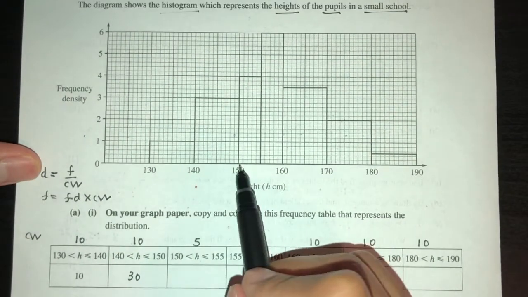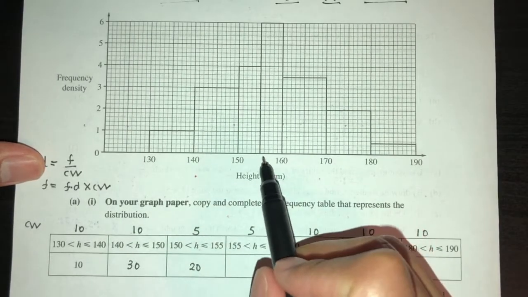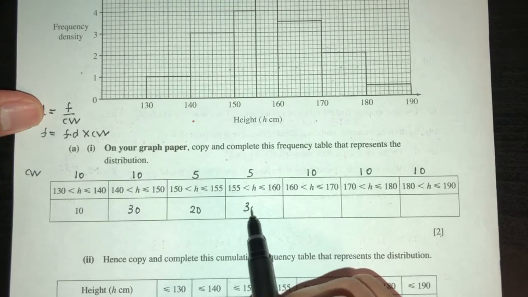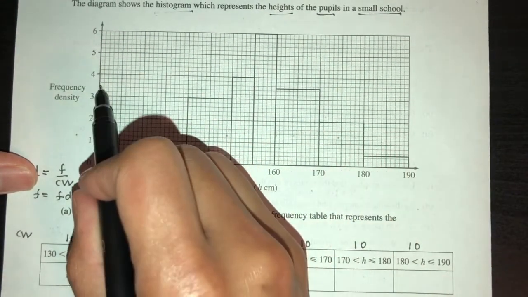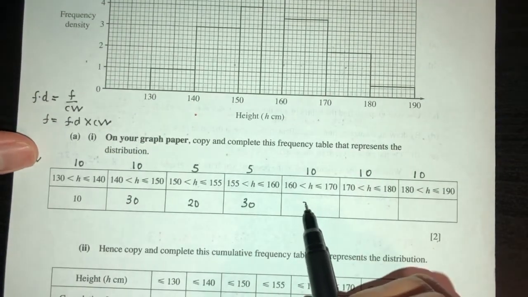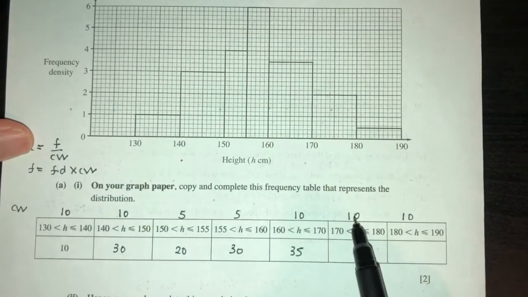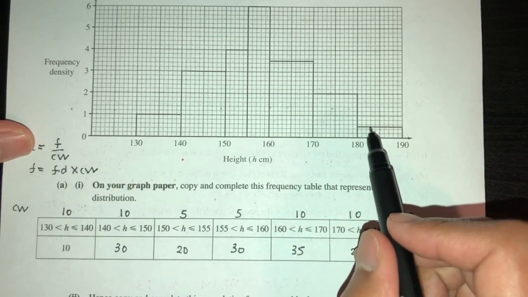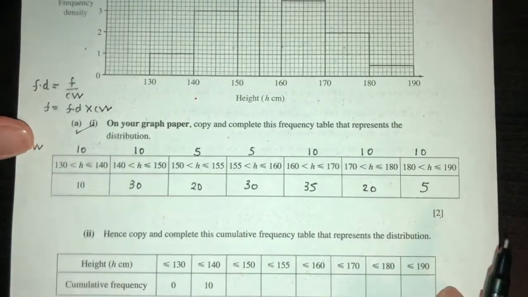Same thing for this one, FD was 4 times 5, that will be 20. For this one it is 6 times 5, that will be 30. For this one, FD is 3.5 times 10, that will be 35. And this one will be 2 times 10, that will be 20. And the last one is 0.5 times 10, that will be 5. So this is your first table done.